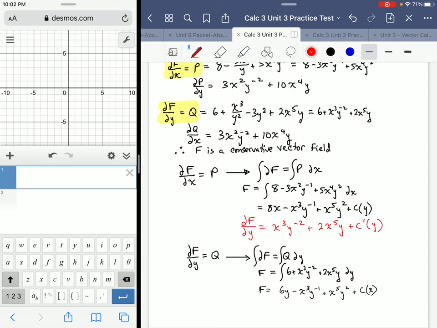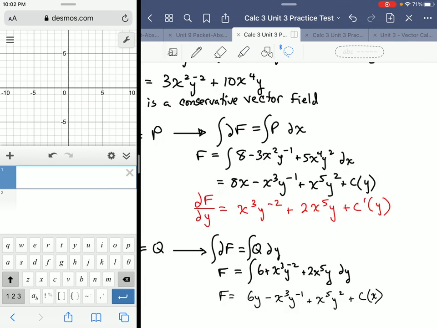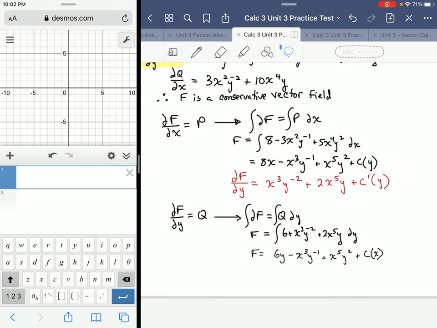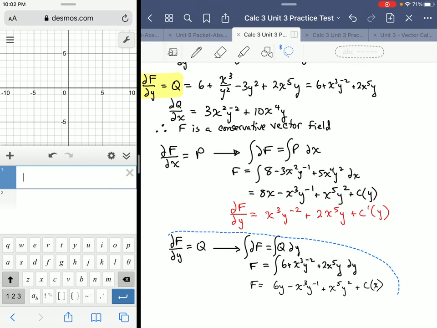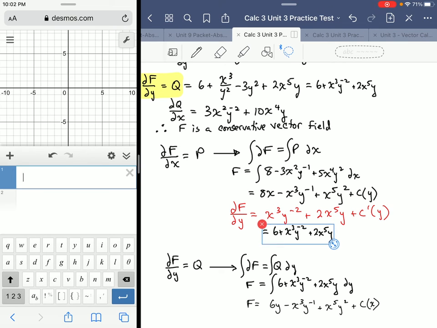Alright, and then by setting that equal to this definition, we can arrive at an expression representative of c prime of y. And then it would just be a step away from figuring out what c of y is, and then we'd have a solution for this differential equation. Alright, so they're both equal to the same thing, essentially.